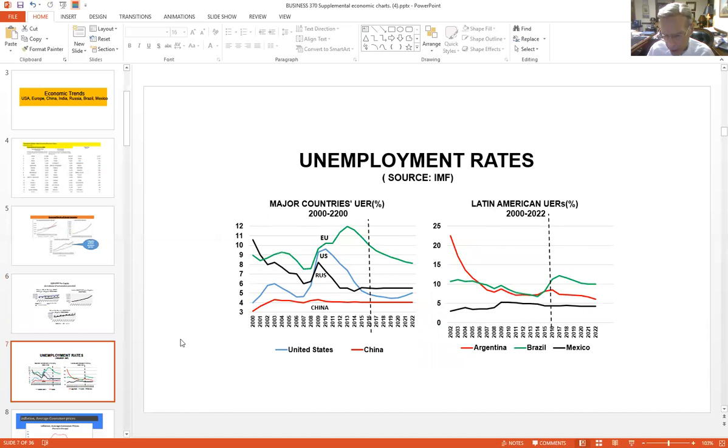And you can see that after the recession of 2008 and 9, the European Union has not responded as rapidly, has not recovered as rapidly as other nations. And it took the European Union longer to begin a recovery. And the European Union today is still struggling. Several countries in the European Union really have some difficulties.